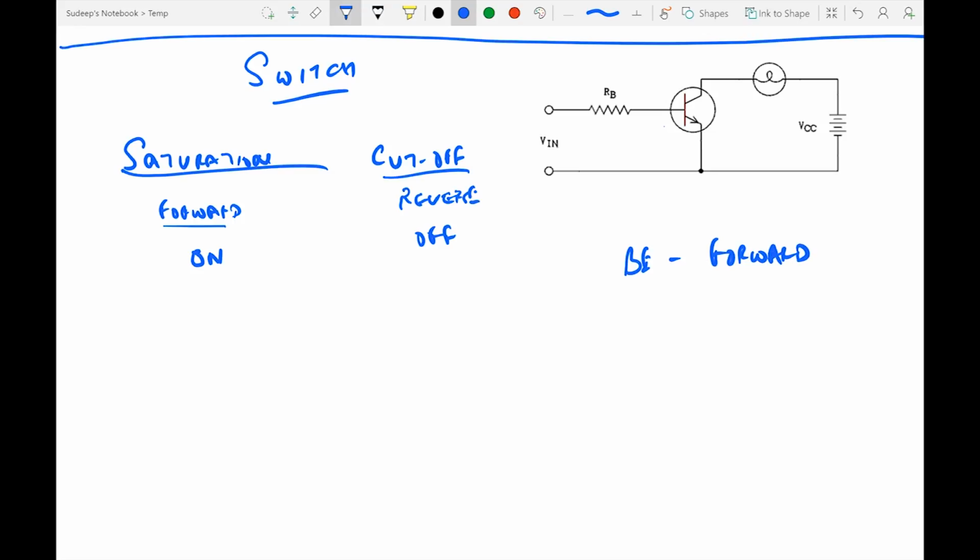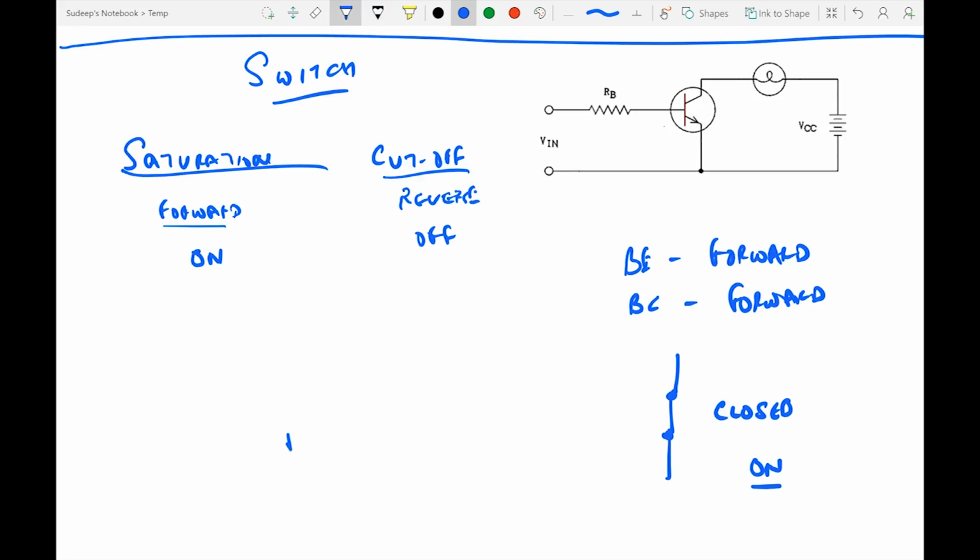We would ensure the configuration is such that when we apply some voltage Vin, the base collector is also forward biased. Because both of them are forward biased, the flow of current would happen with almost nil resistance. So the equivalent circuit would become a closed switch, basically making the connection on.